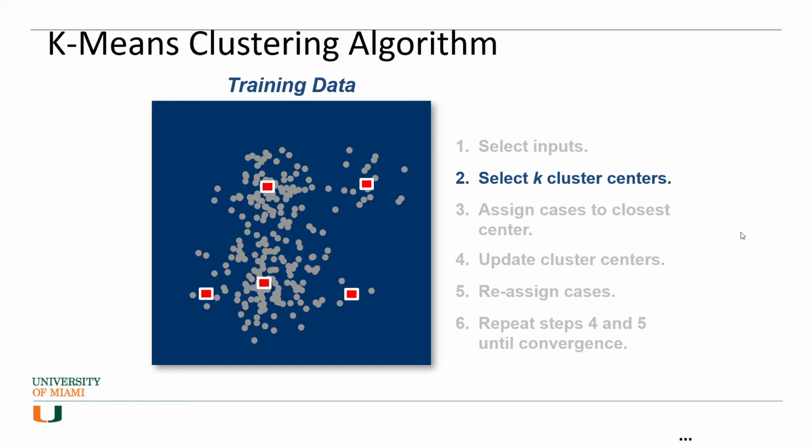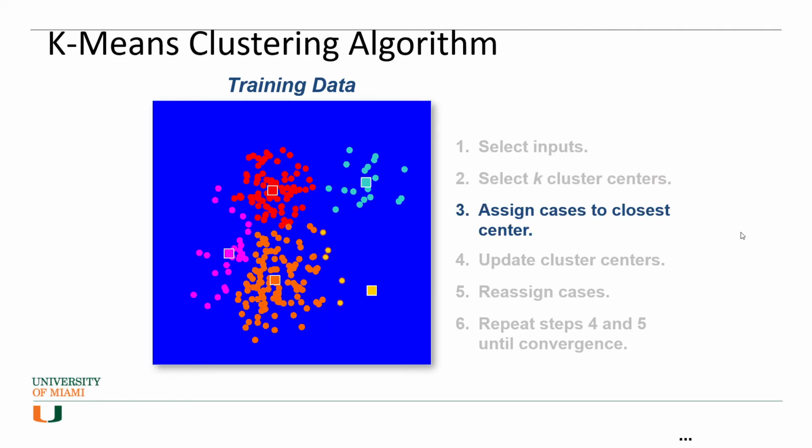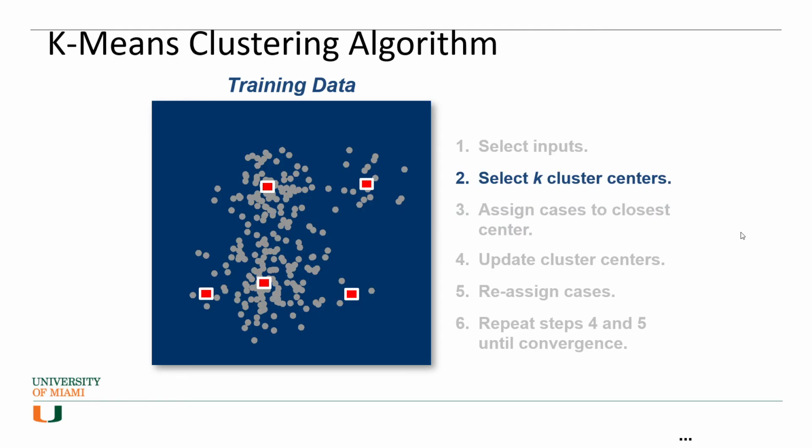Assume that we decide to have 5 clusters, all right? We randomly assign these 5 clusters on the plot. It doesn't matter where we choose them, right? So completely randomly, we start with 5 cluster centers, or as we call them, centroids. Once we randomly assign those centers, we're going to assign each observation to the center that is closest to that particular observation.